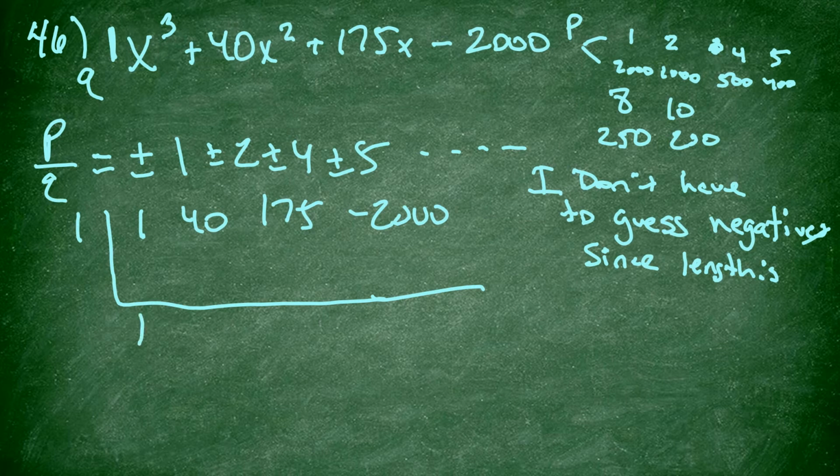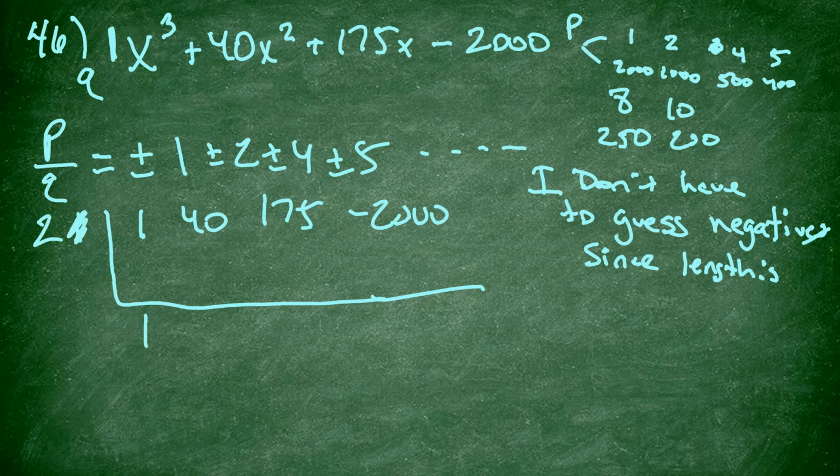Drop down the 1. 1 and 1 is 1. I get 41. 41 gives me 216, and 216 is going to give me a remainder. So 1 doesn't work. Now I'm going to try 2.